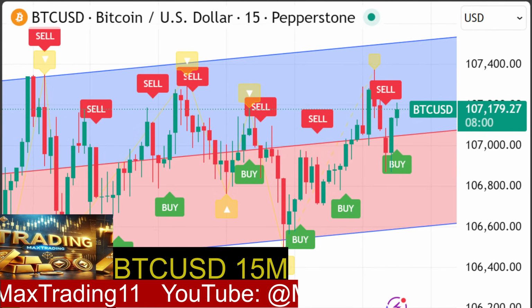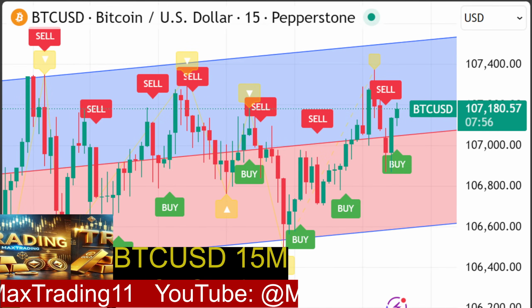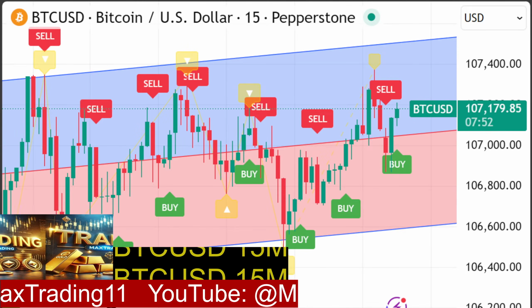The commentary ties all these together, helping traders understand the bigger picture even during short-term volatility.